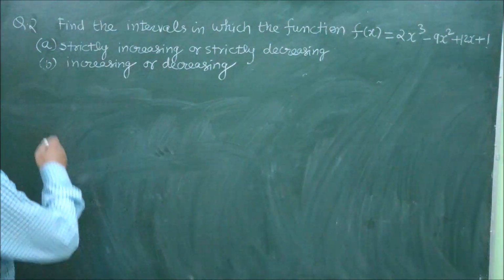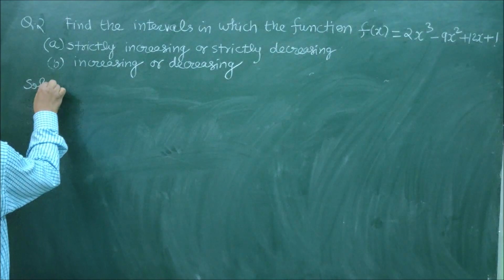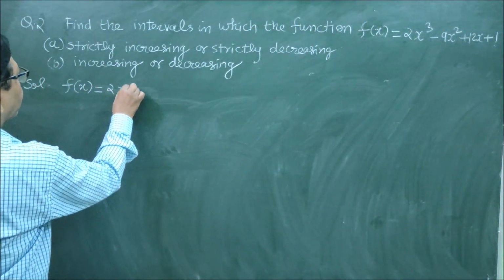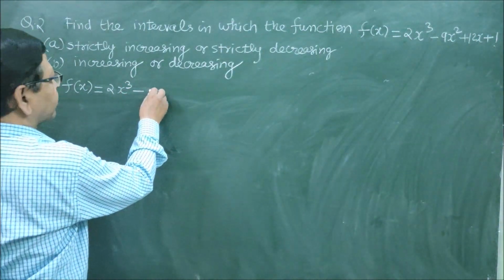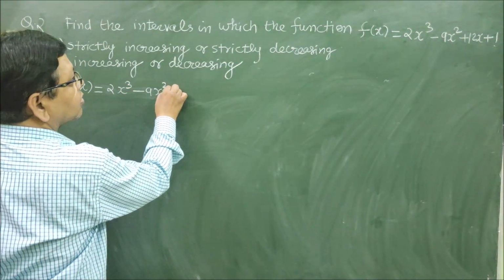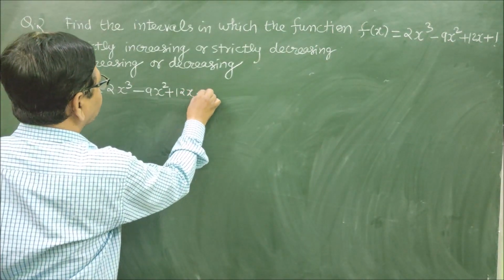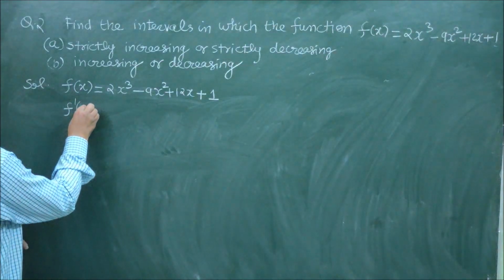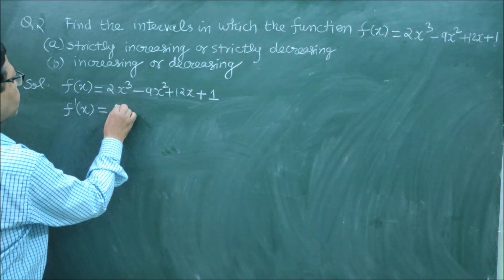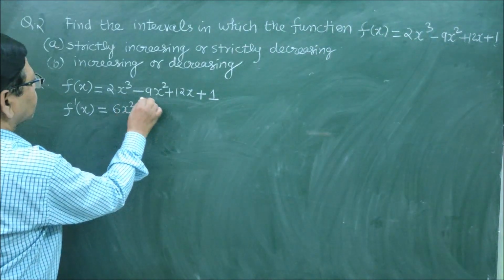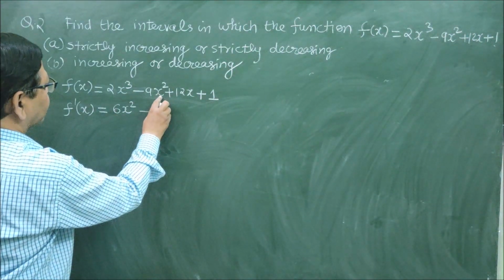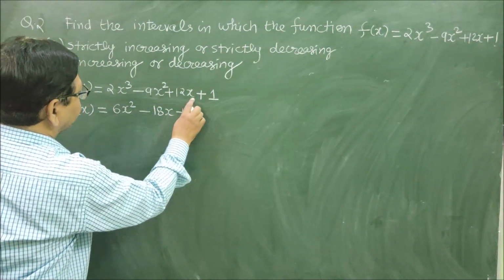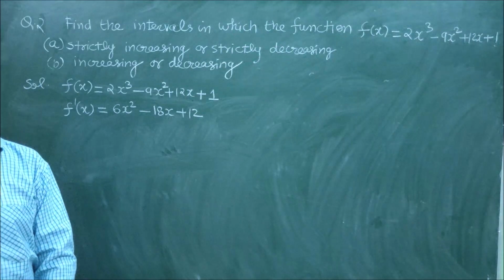So first let us write the function f(x) = 2x³ - 9x² + 12x + 1. So first let us differentiate this function with respect to x. f'(x) = 6x² - 9 into 2x, 18x + 12. Differentiation of x is equal to 1.